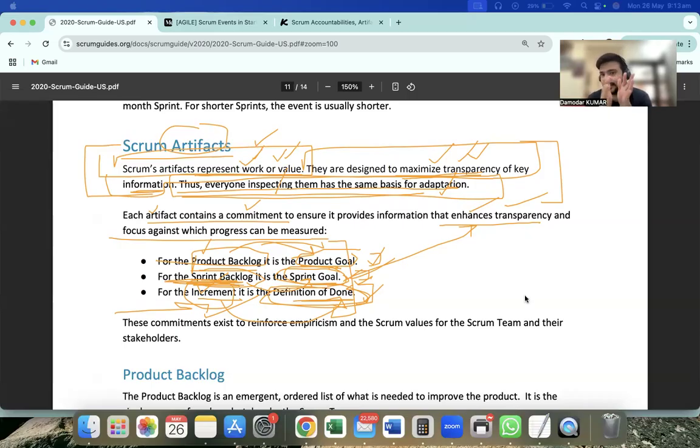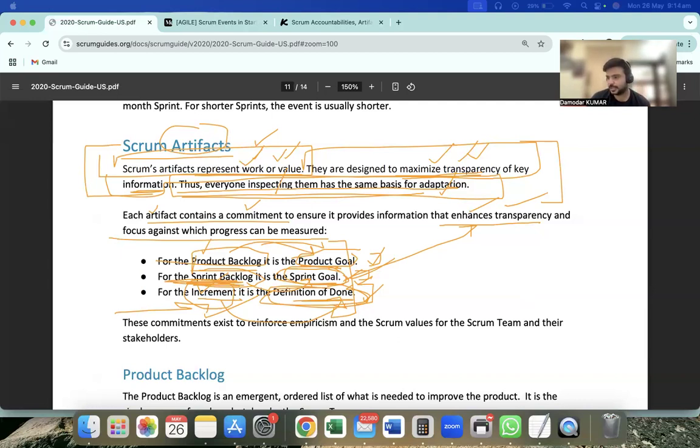So an increment is the sum of all completed product backlog items during a sprint, plus the value of previous increments at the end of each sprint. So the increment is overall the sum of all the increments of this sprint, plus previous increments also. So at the end of each sprint, a new increment must be usable and meet the definition of done. We will be coming back to the definition of done because that's the quality thing.